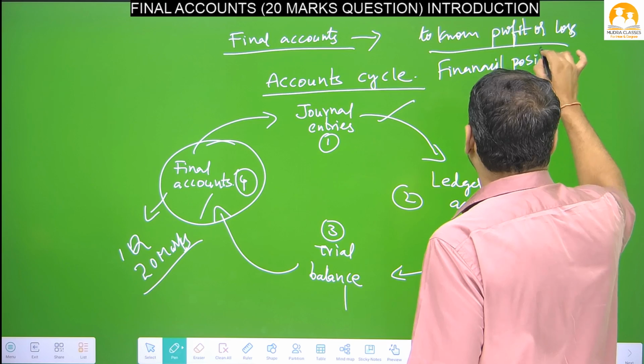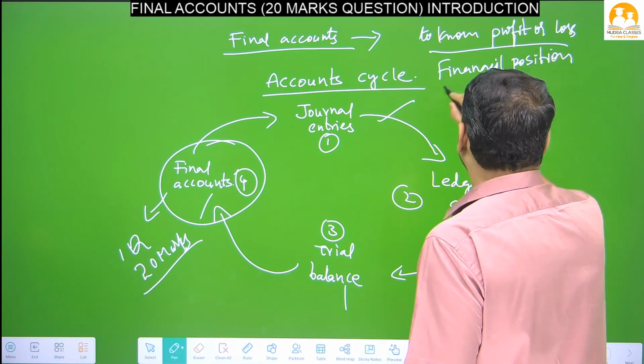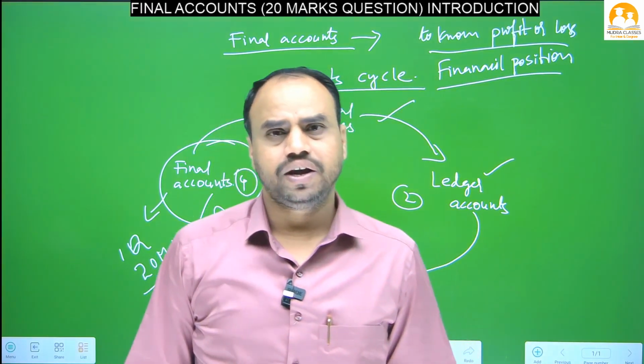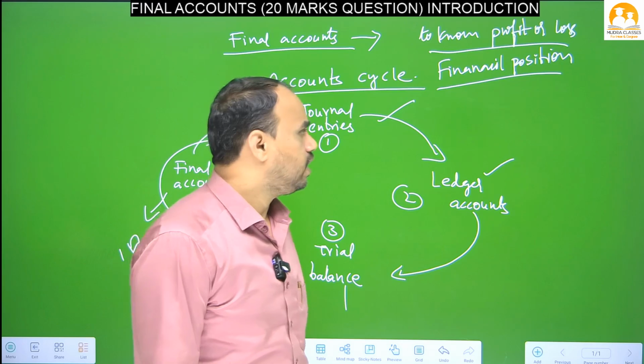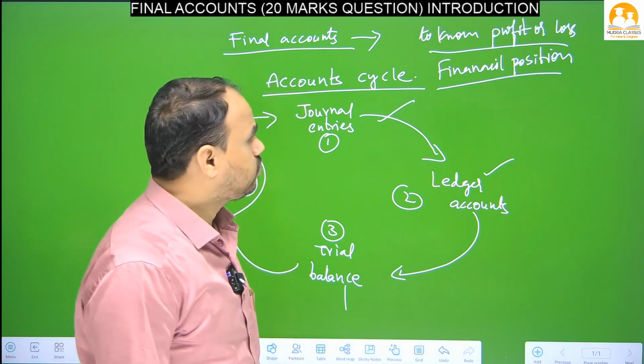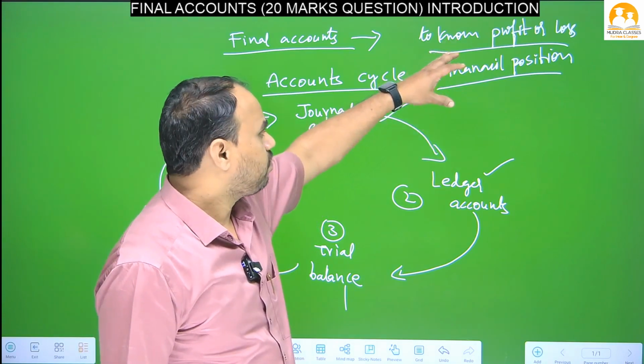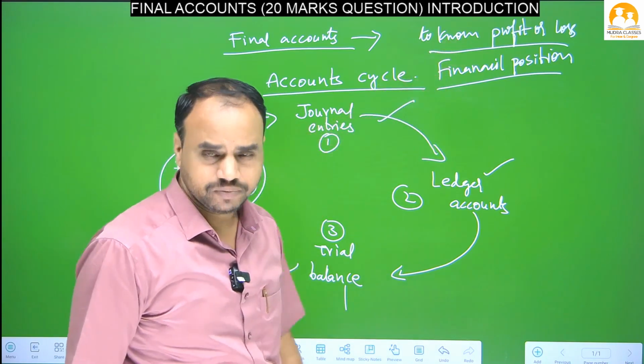That means financially how strong we are: how many assets we have at the end of the year, and how many liabilities we have. For that purpose we will prepare these final accounts.